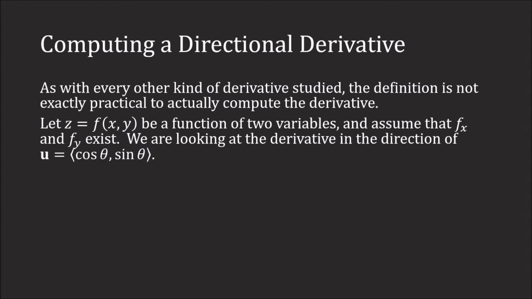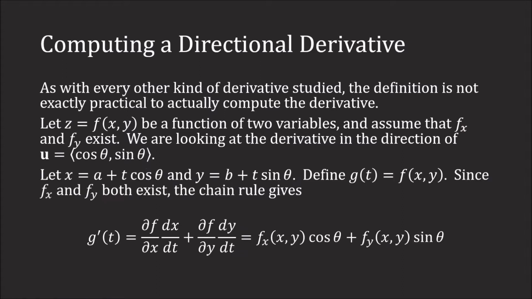We are looking at the derivative in the direction of this vector. So let x equal a plus t cosine of theta, and let y equal b plus t sine of theta. Then define g of t equals f of x, y.